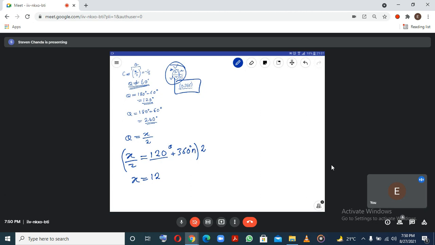So you are going to have 120, that's going to be 720 degrees n. Okay, that has to be 240, pardon me. Then we could do the same for the other answer as well.